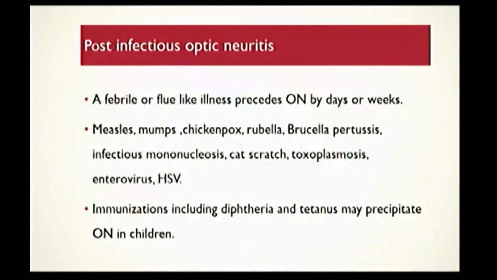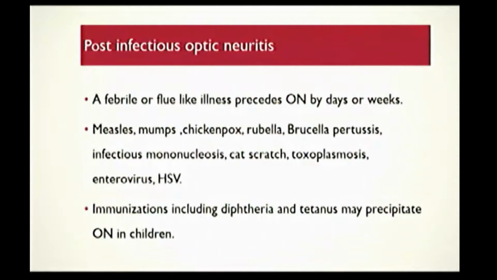If the patient has a monophasic optic neuritis, it might be a post-infectious optic neuritis. Usually those patients will present with a febrile or flu-like illness preceding the optic neuritis by days or weeks.